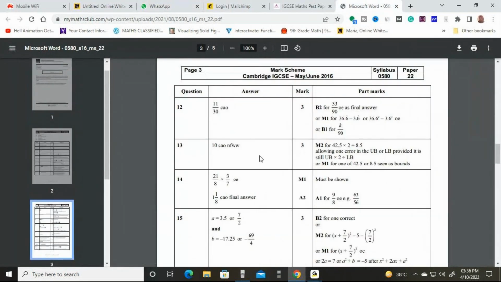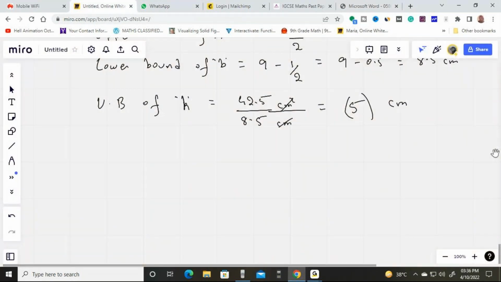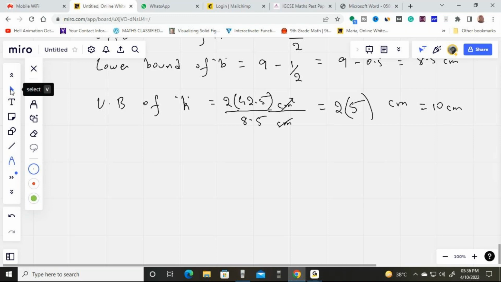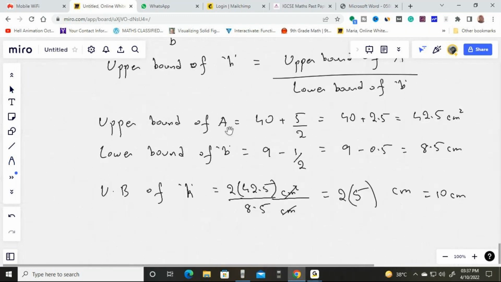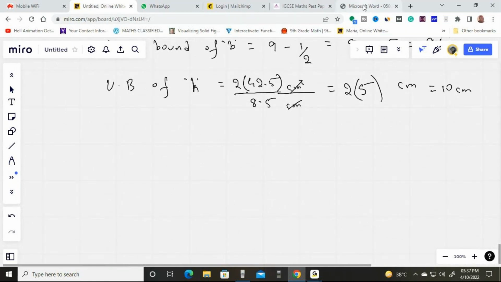Yeah, it's 10. We have to multiply it with 2. I forgot that. This 2 is present in the formula. Yes, of course. It's 10 centimeters. That's it. I hope you have understood the procedure of how we do it. And then we approach the next question.